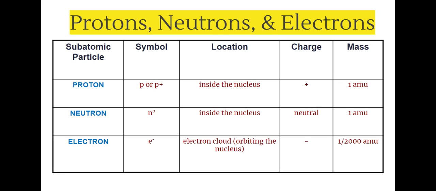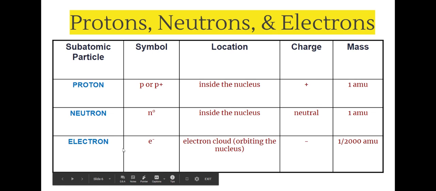This is essentially saying that one atomic mass unit is something that has a mass of 3.661 times 10 to the negative 27th pounds. So again, super tiny.